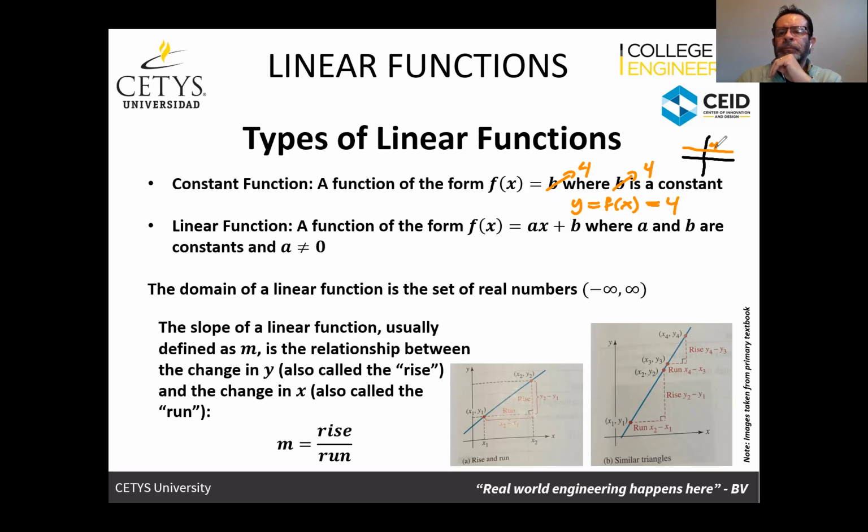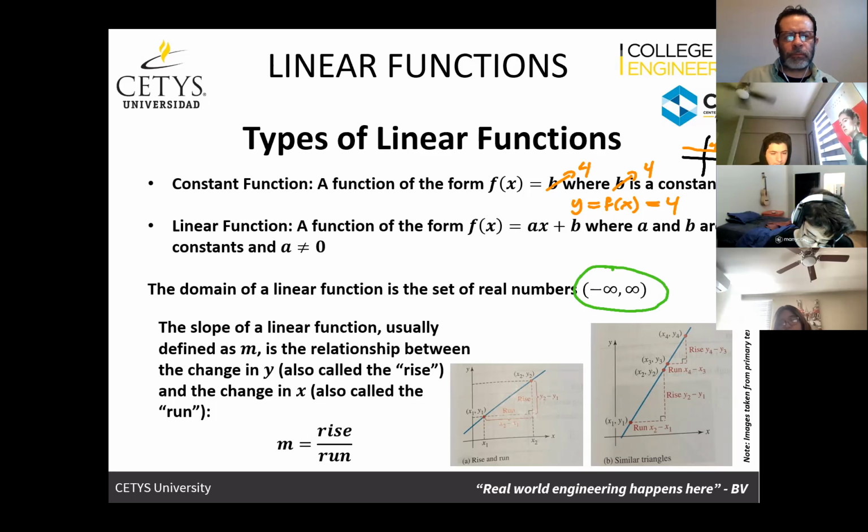In this case, we're also going to have a line, but that line is going to have a slope. I'm going to talk a little bit about that. One thing that's very important for a linear function, in the case of a linear function, the domain of the linear function is always going to be from -∞ to ∞. Okay. All of the real numbers can be a part of a linear function.